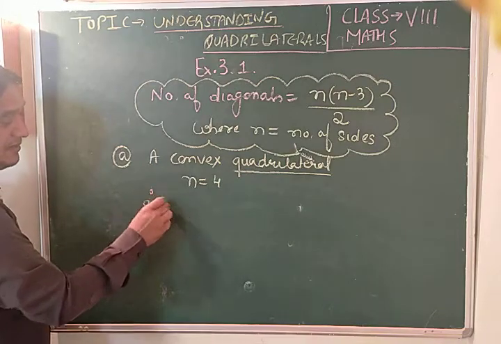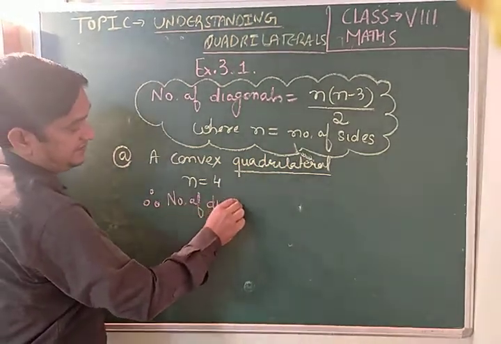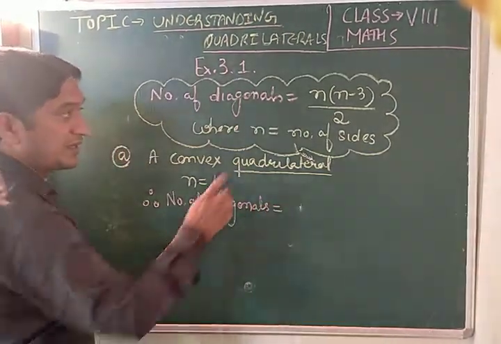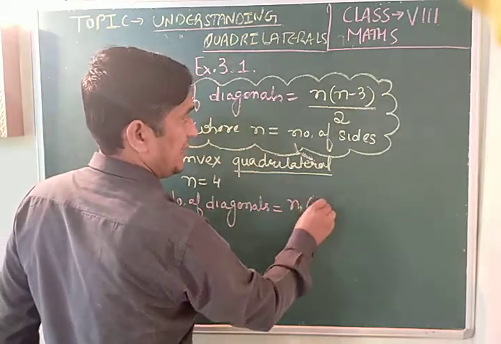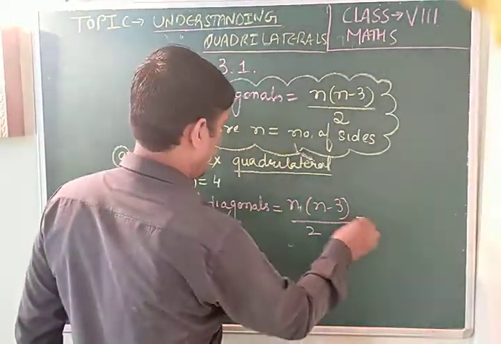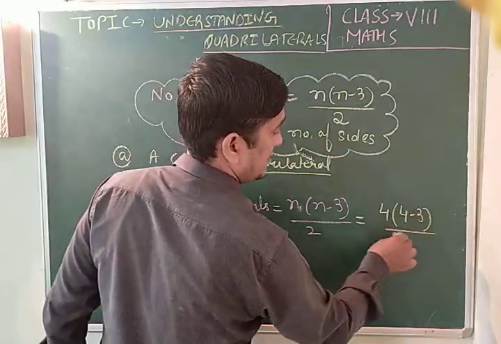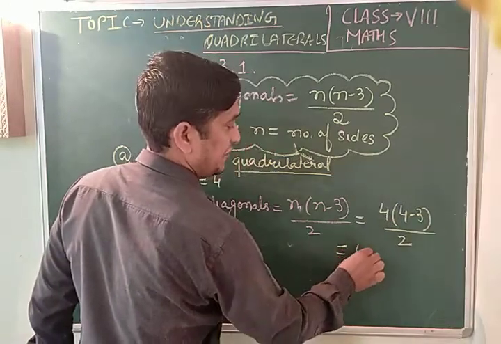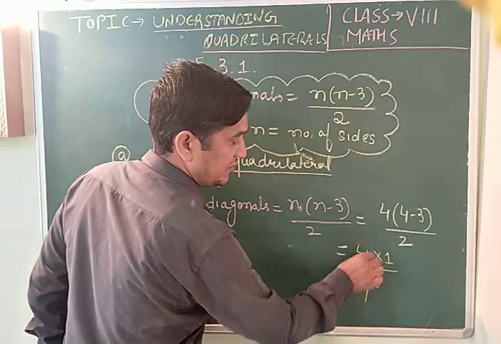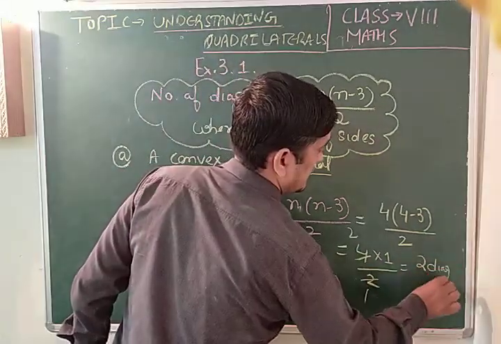Therefore, number of diagonals is equal to, formula is n(n minus 3) upon 2. Now, n is what? 4. 4 times (4 minus 3) upon 2. 4 minus 3 is 1, upon 2. 2 ones are 2, 2 twos are 4. So the answer is 2 diagonals.